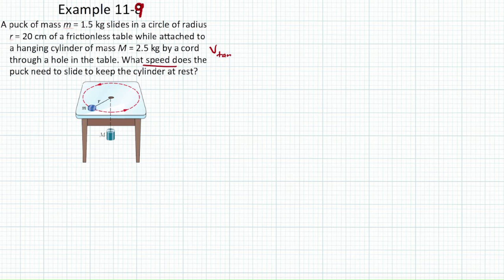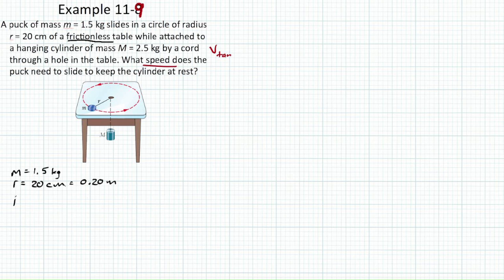Okay, now a couple things make this a little bit easier for us. Number one, it's a frictionless table, so we don't need to worry about friction. The mass of the puck, lowercase m, is 1.5 kilograms, and the radius equals 20 centimeters. That needs to be converted to meters, so 0.20 meters.